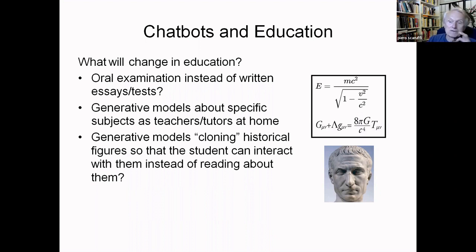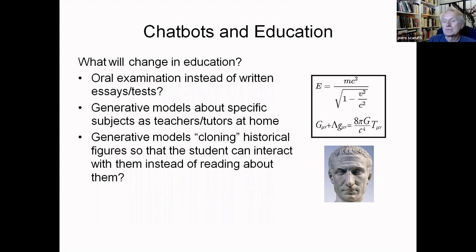Those formulas there are from Einstein, and one could create a generative model that is just about relativity, and the student at home could play with this model, and that would act as a tutor in relativity. I can also see, I'll talk more about this later, the idea of cloning historical figures so that the student can interact with them instead of reading about them.